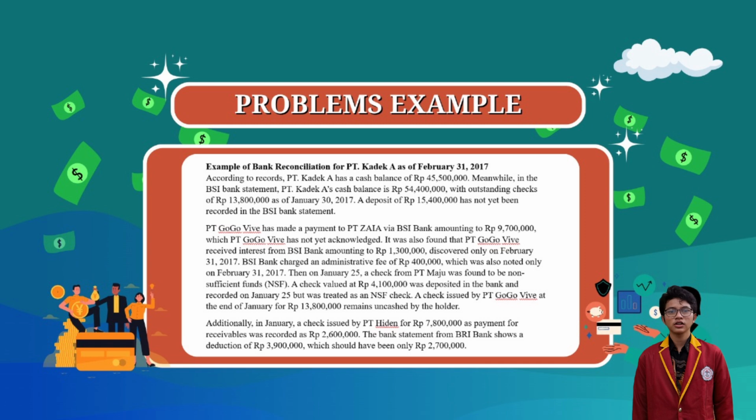A deposit of 15,400,000 Indonesian rupiah has not yet been recorded in the BSI bank statement. PT Gogo Vive has made a payment to PT ZAIA via BSI Bank amounting to 9,700,000 Indonesian rupiah, which PT Gogo Vive has not yet acknowledged.